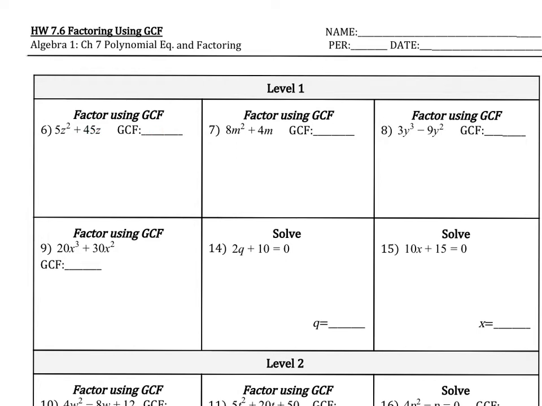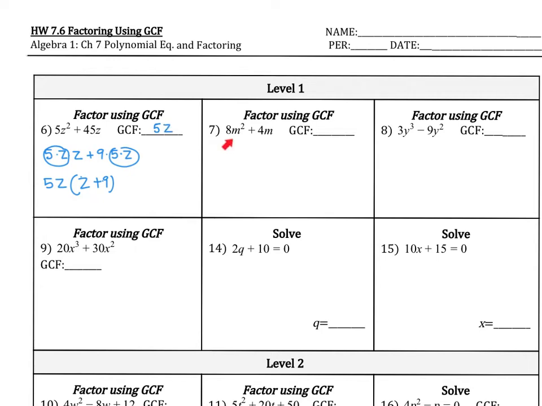Or we can break it down into small factors like 5 times z times z and 9 times 5 times z, and see that this 5z and this 5z are common in these two terms and can be factored out. Inside I'm left with z plus 9. So the factor that was common is 5z.